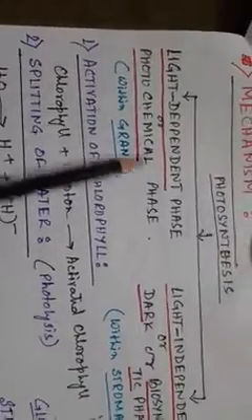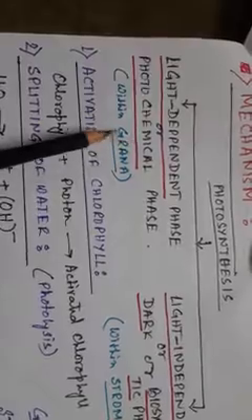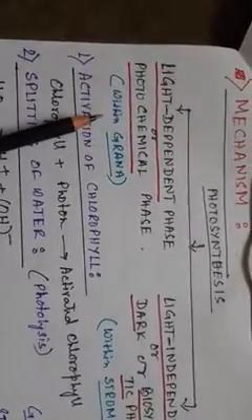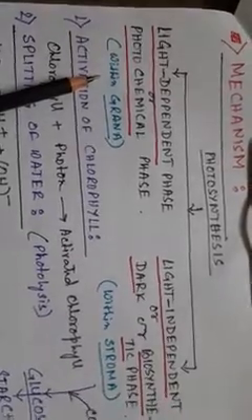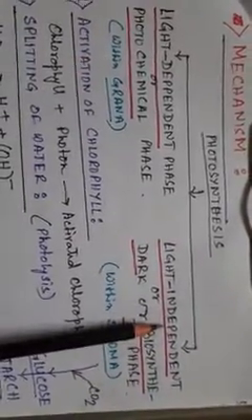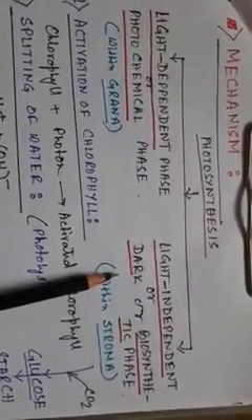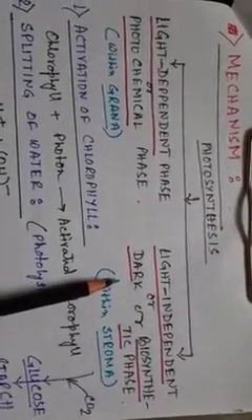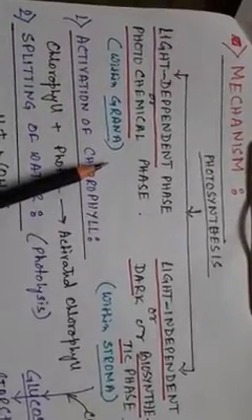All the things are the same. They occur within the grana, or the granum, of the chloroplast. Another is the light independent phase, or the dark phase, or the biosynthetic phase. So these 2 sub-phases are there in photosynthesis.